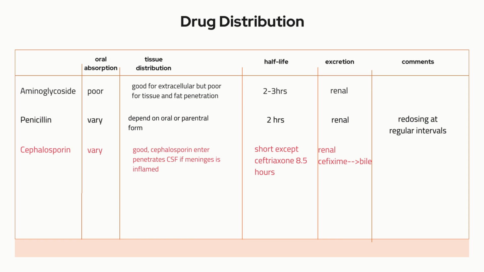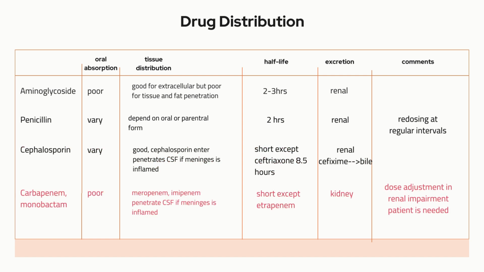They have good tissue distribution, making them commonly used as empirical treatment for various infections. Generally, their half-life is short, except for ceftriaxone, which has a half-life of 8.5 hours. Therefore, it is sufficient to give ceftriaxone once daily. Most cephalosporins are primarily excreted by the kidneys, except cefixime, which is excreted via bile.